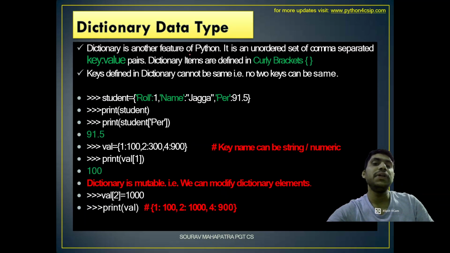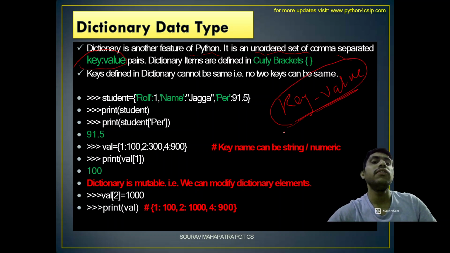Dictionary is another feature of Python. It is an unordered set. Okay, here there is no sequence, just comma separated key value pairs. Here the main concept is key and value. Okay, key value pair, you can see here keys defined in a dictionary cannot be the same. No two keys can be the same here.